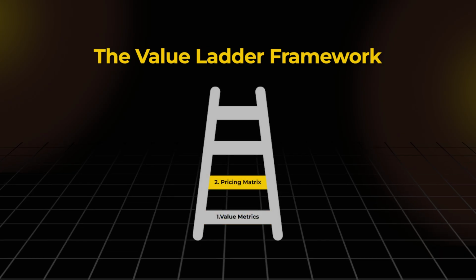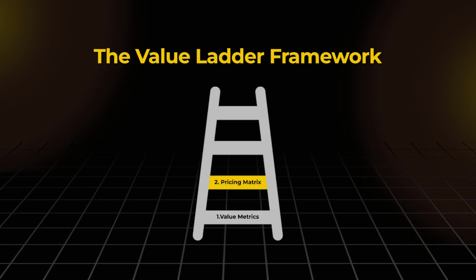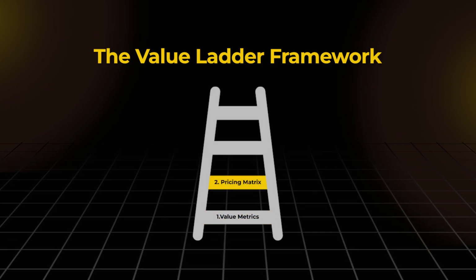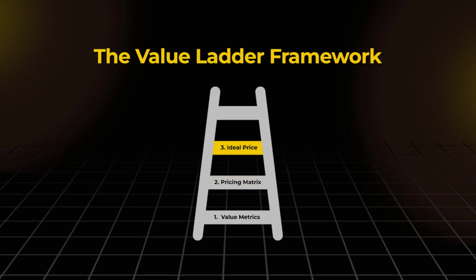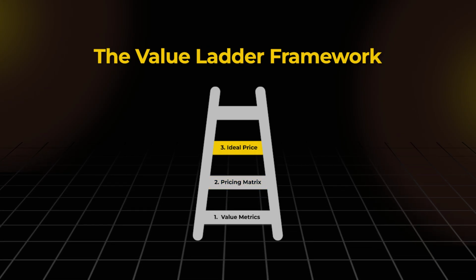So to recap, this is how you build a high converting pricing page as fast as humanly possible. You have to implement the value ladder framework. That starts with understanding what is your value metric, what is that pricing matrix that breaks down the top 3 options for how to get started with your product. And then you have to nail down what is the ideal price.